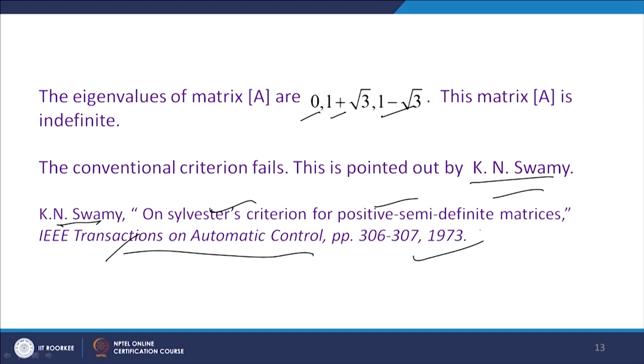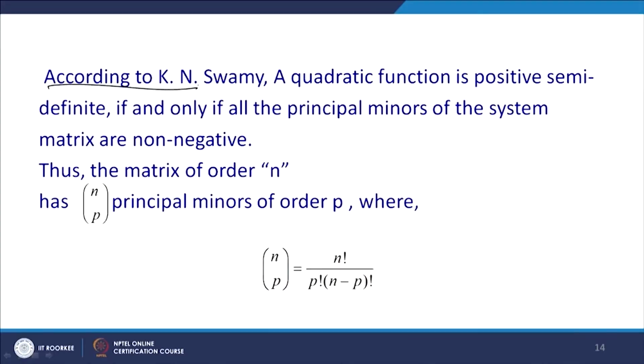In it he said that in order to check the positive semi-definiteness of a matrix, we have to check not just the leading principal minors, but all principal minors. According to K.N. Swamy, a quadratic function is positive semi-definite if and only if all the principal minors of the system matrix are non-negative.